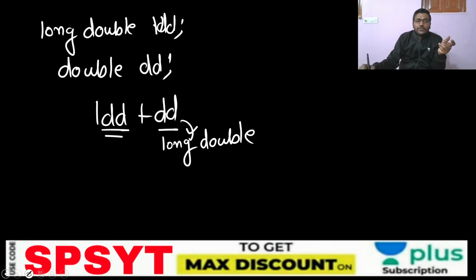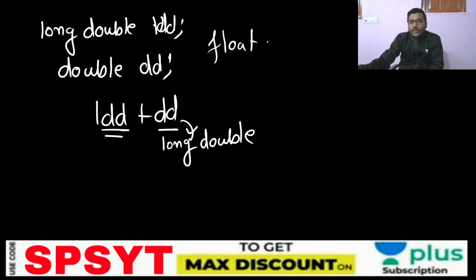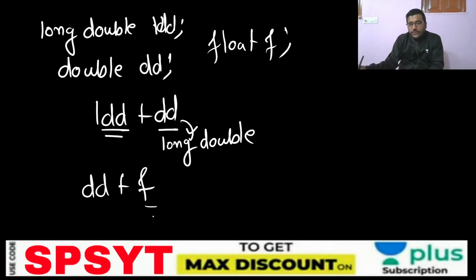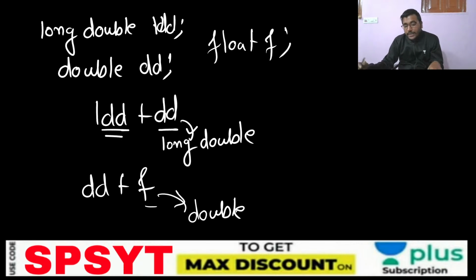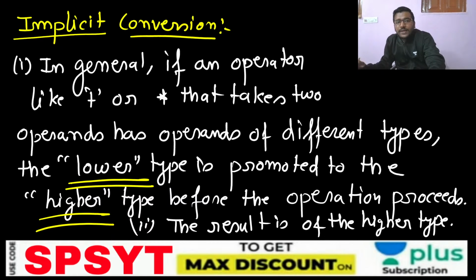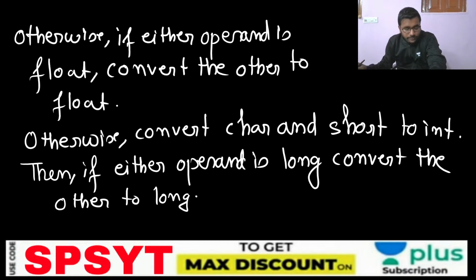If I do DD plus a float F, it converts F into double, because the second rule says if either operand is double, convert the other to double. So the lower type is promoted to the higher type. This is implicit conversion.